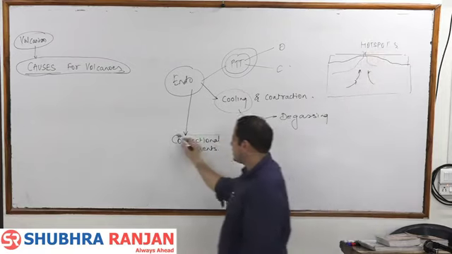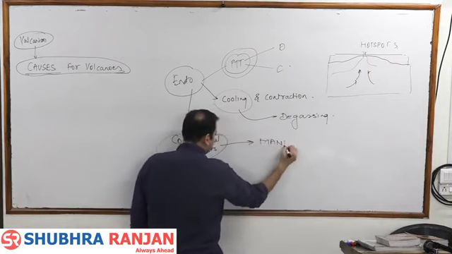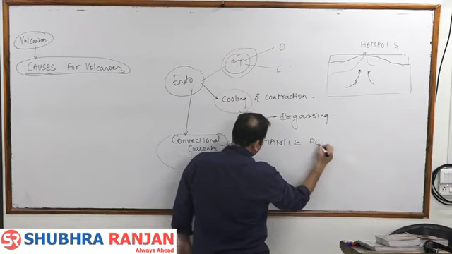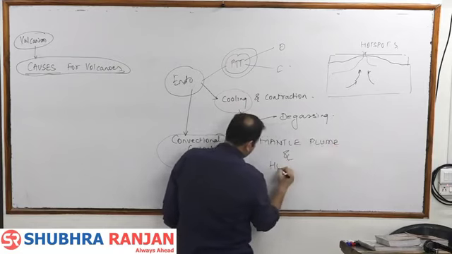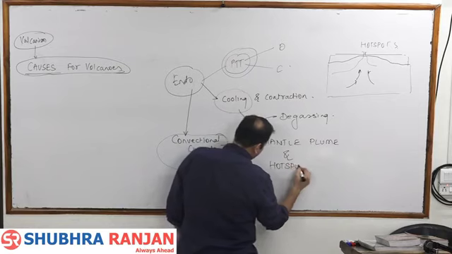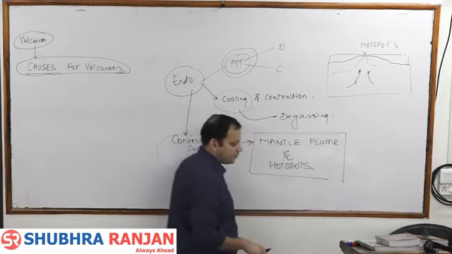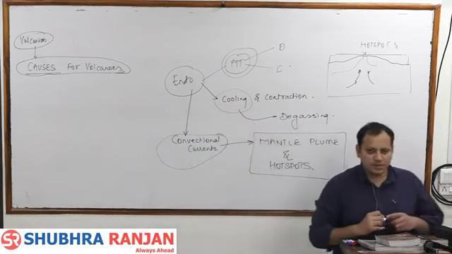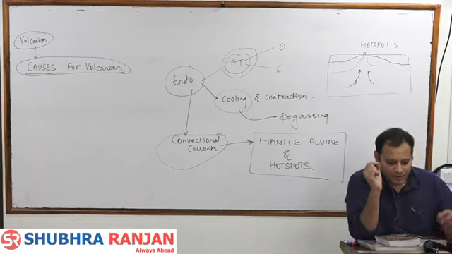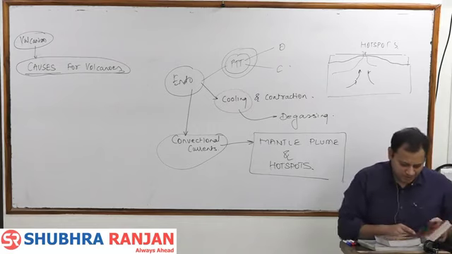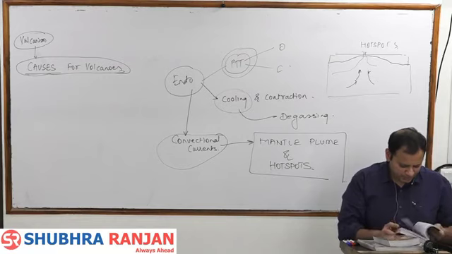So this I am talking about mantle plume and hotspots. Fine. So these are 2-3 different causes for the volcano. So you can take down the causes for the volcanic eruptions.